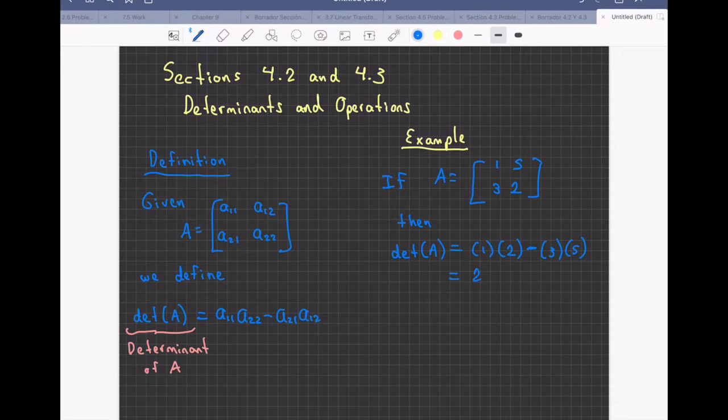And this is 2 minus 15, equal to negative 13 in this case. So the determinant is a number, it's a real number.